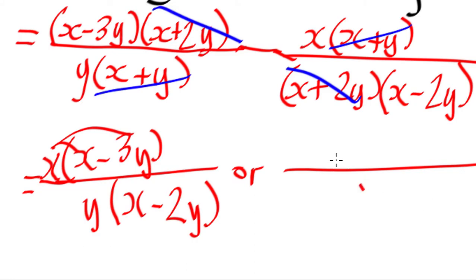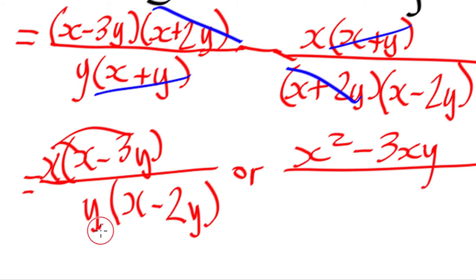So what can also be our answer is x squared minus 3xy. And then in the denominator we can distribute the y here and here, so we have xy minus 2y squared.